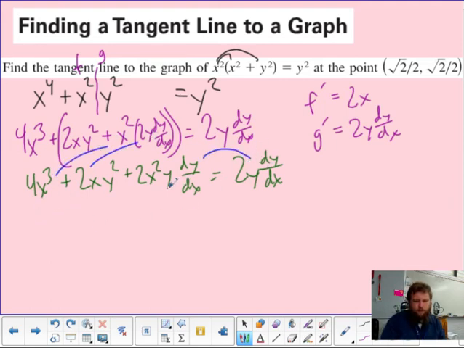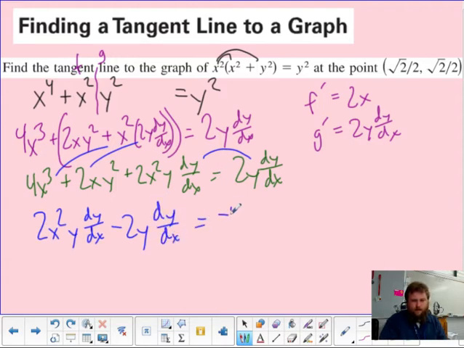So it's going to be, put this one first, 2x squared y dy/dx minus 2y dy/dx equals negative 4x cubed plus 2xy squared. Okay, factor out the dy/dx there.